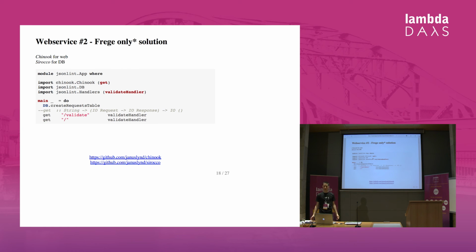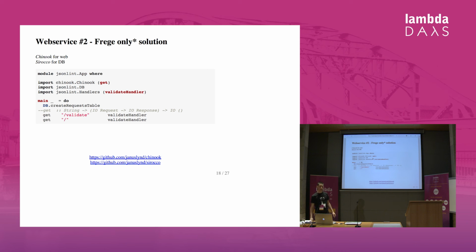The ecosystem is growing. We have a JSON library, which is in fact a ready wrapper for Spark Java, so the same server I used on the previous slide. And I will present this web service on three slides. The first one is our main application, which creates some database table.